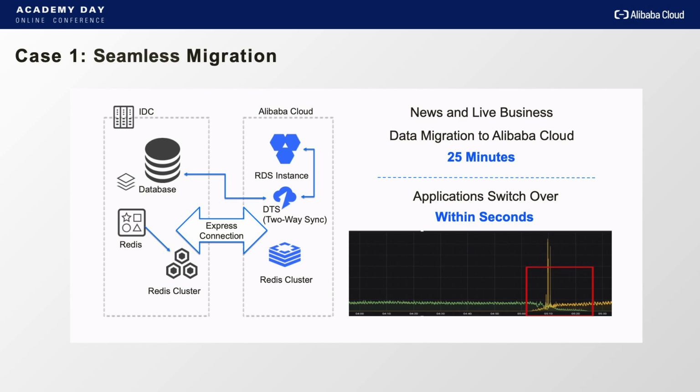So they didn't have to pay for any consulting services. They just use ETL in a self-service manner, and the whole data migration process. When I say the whole process, I'm talking about the full table migration plus incremental data synchronization. The whole process was completed in 25 minutes.